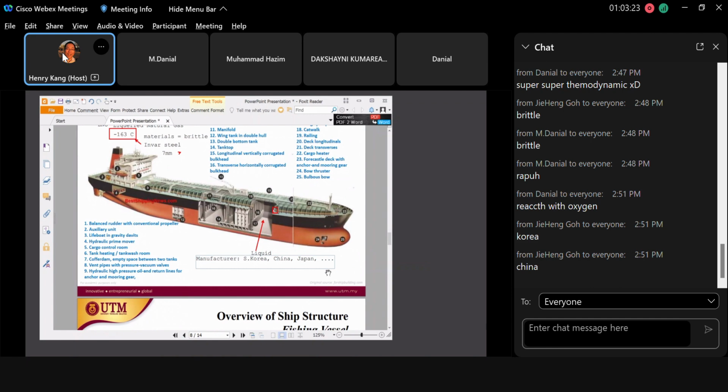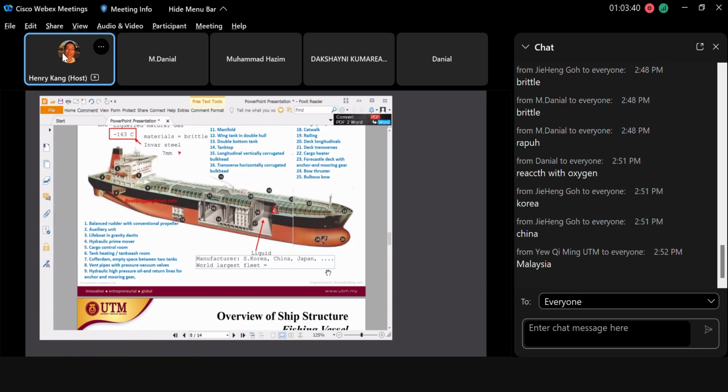But do you know who owns the largest fleet of LNG carriers in the world? That means who has the most LNG in our business? Once upon a time, Malaysia, MISC. I'm not sure recently because they did some restructuring.